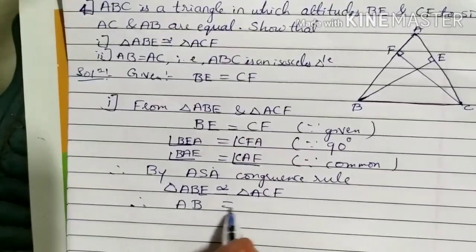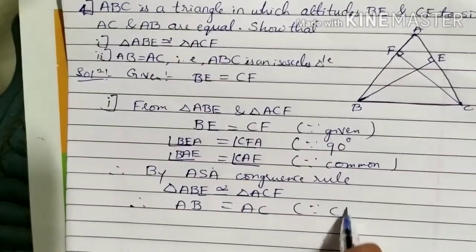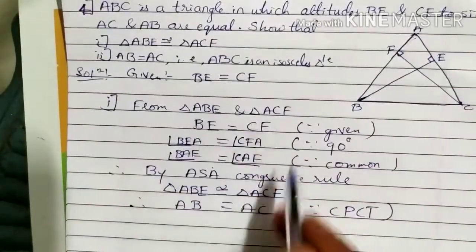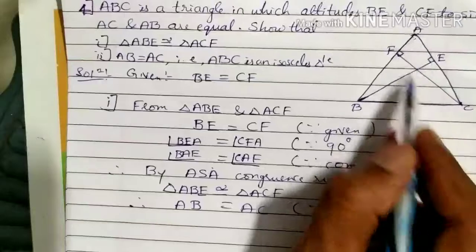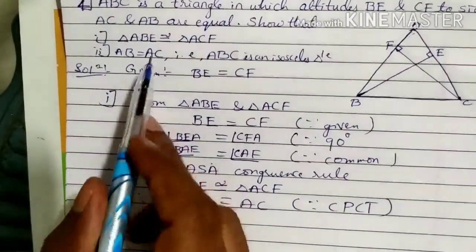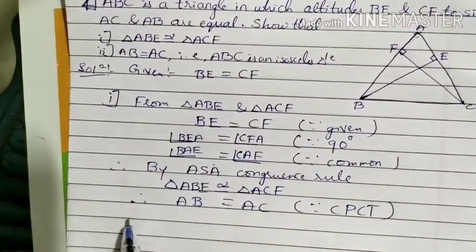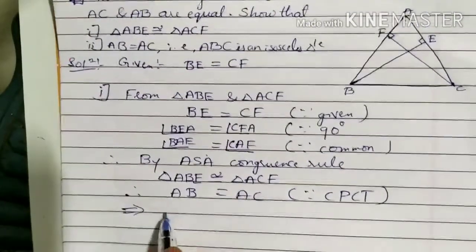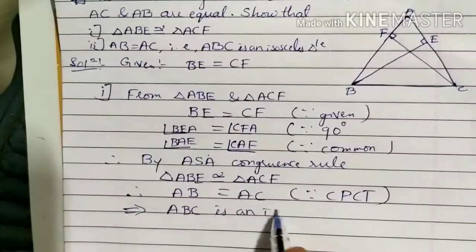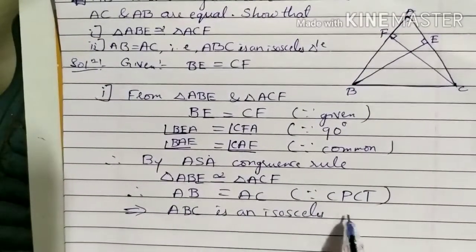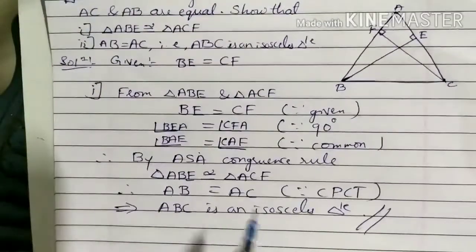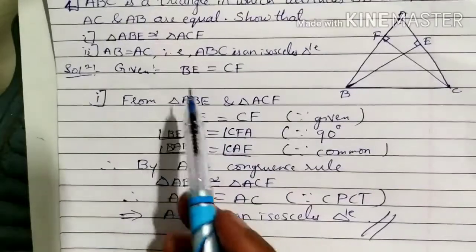AB is a side belonging to the first triangle, AC belongs to the second triangle. So that is the proof for the second one, which implies ABC is an isosceles triangle. So this is how you prove or solve the problem.